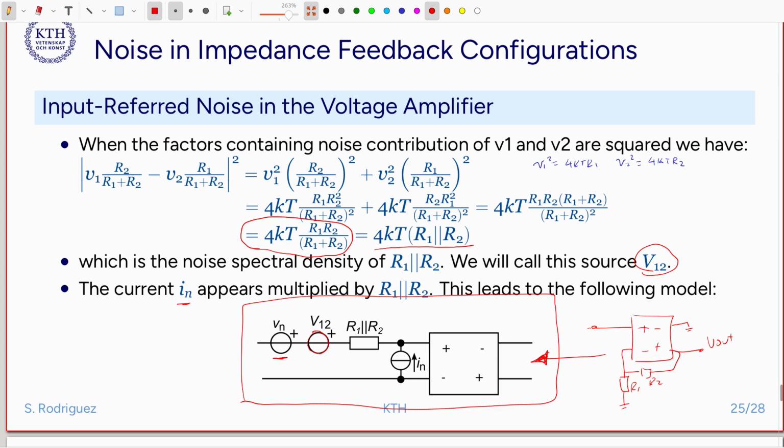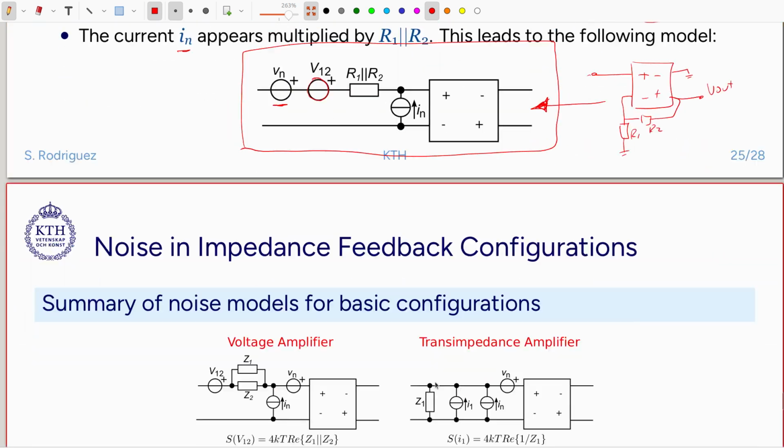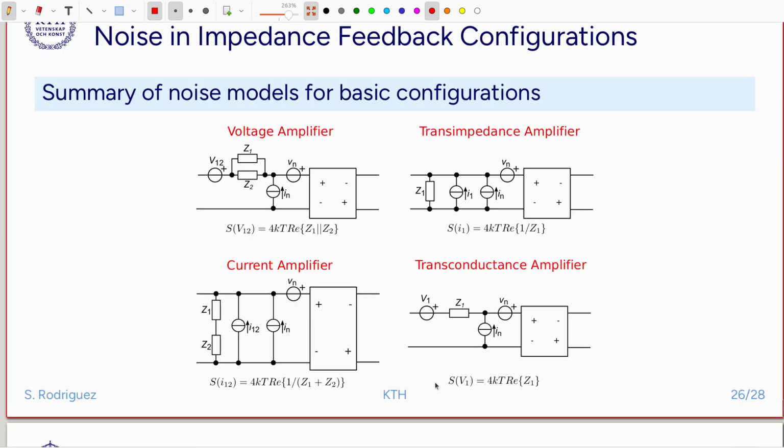We don't need to do all this moving of noise sources every time. So we can use this noise model. And precisely as we did for this amplifier, we can also find suitable models for the other amplifying configurations.